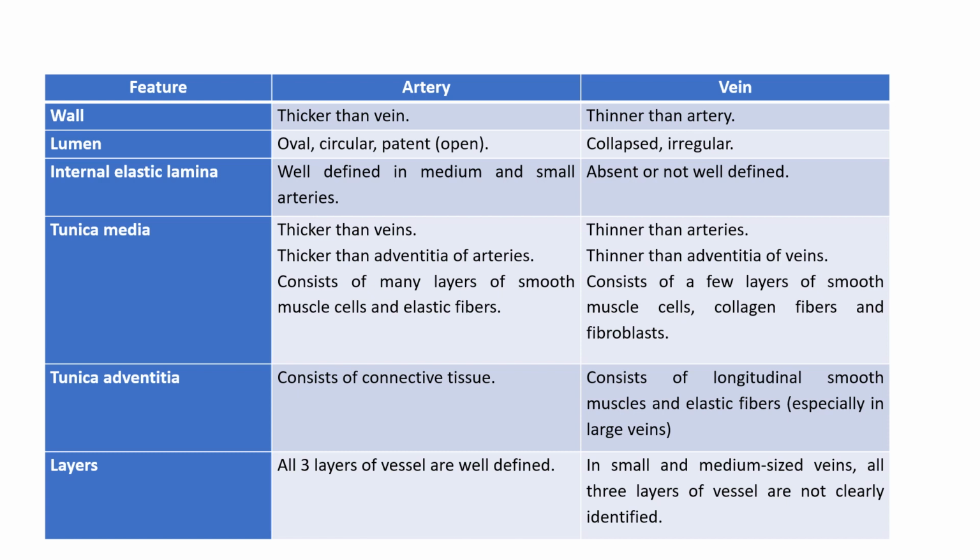Then the internal elastic lamella is visible in medium-sized, that is muscular, arteries, and in small arteries it is not distinctly visible; in large or elastic arteries, and it is absent or not well defined in veins.